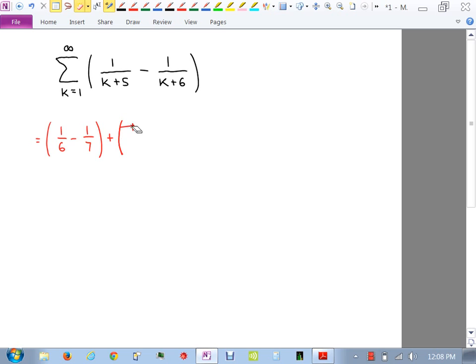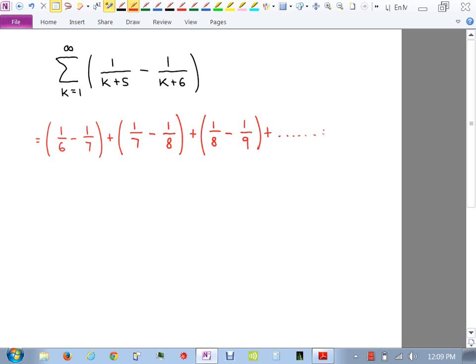You get 1/7 minus 1/8. Plus, now plug in 3: 1/8 minus 1/9. Plus dot, dot, dot forever, right?